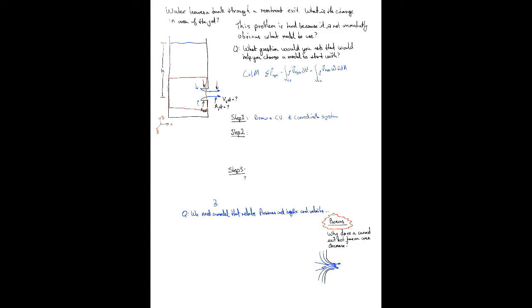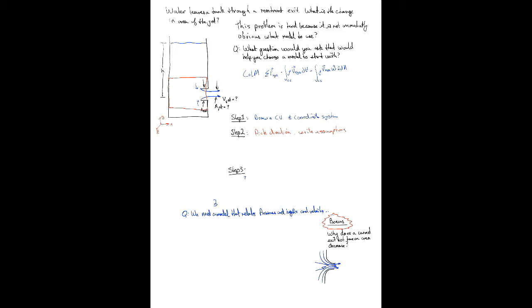So step two, pick a direction, write down and simplify your assumptions. All right, so we're going to pick the x direction because that's the way our fluid is flowing.